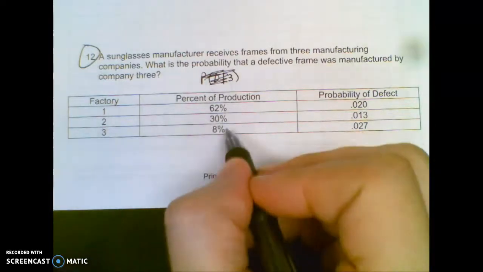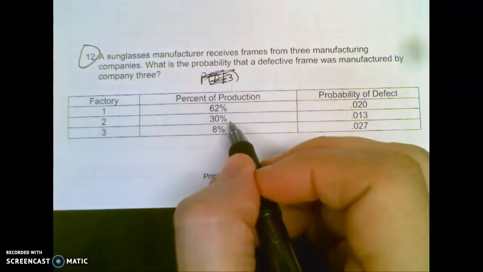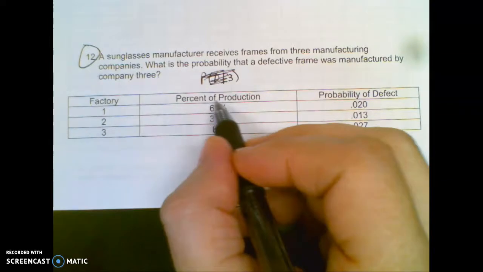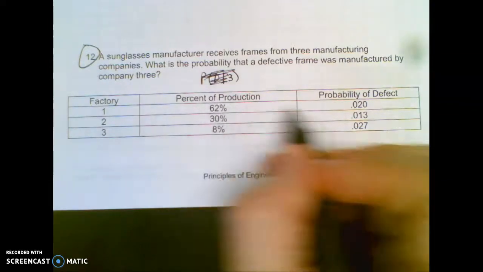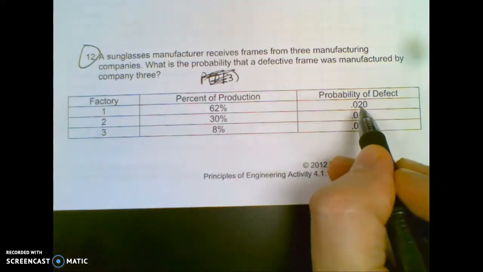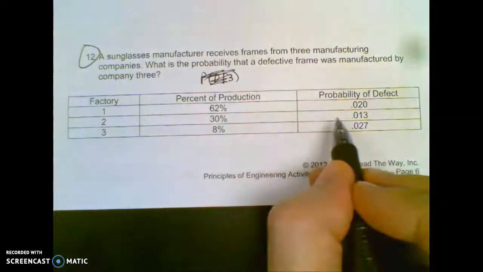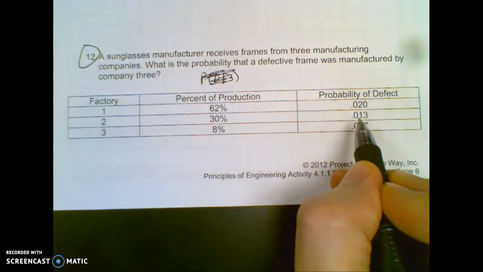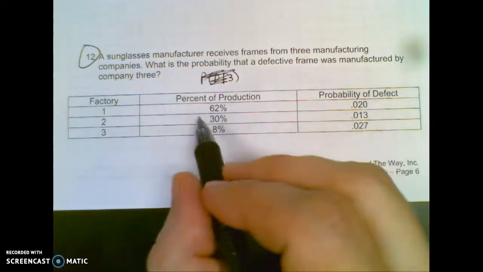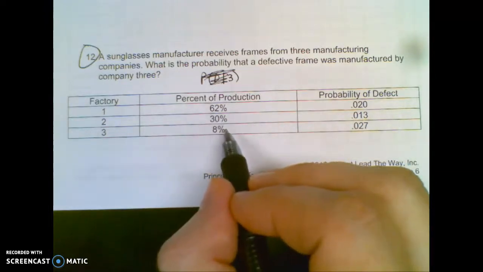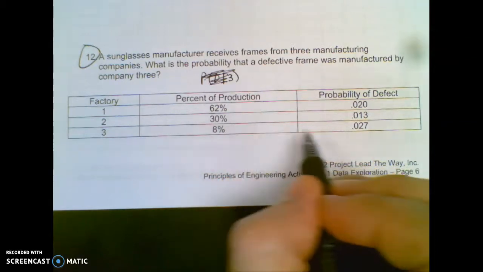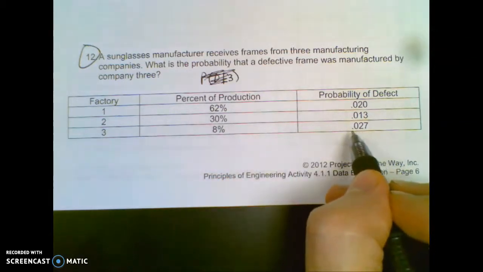But if you think about it common sense wise, 62% of the glasses are made here, and 2% of them are defective. 30% of the glasses are made here at factory 2, and roughly 1% are defective. And here, only 8% come from this third factory, and only 2.7% are defective there.